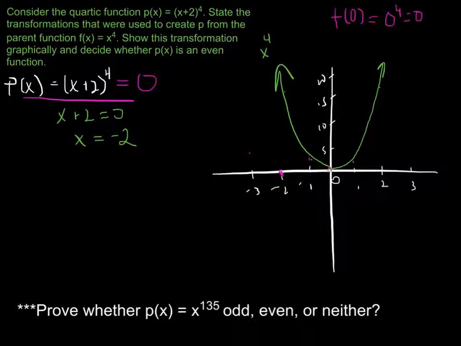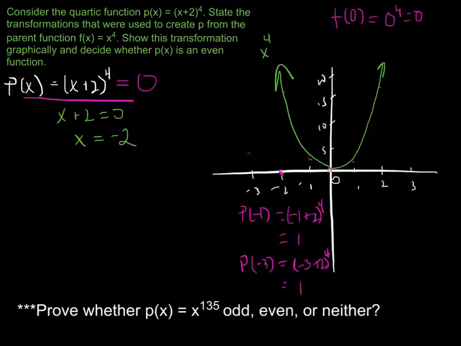Let's consider another reason why that makes sense. Imagine if you plugged in -1 into p of x. Let's do that work right down below. P of -1 is just -1 plus 2 to the fourth, and that's nothing more than 1 to the fourth, which is 1. Similarly, P of -3 is going to be -3 plus 2 to the fourth, which is again going to be -1 to the fourth, which is 1.